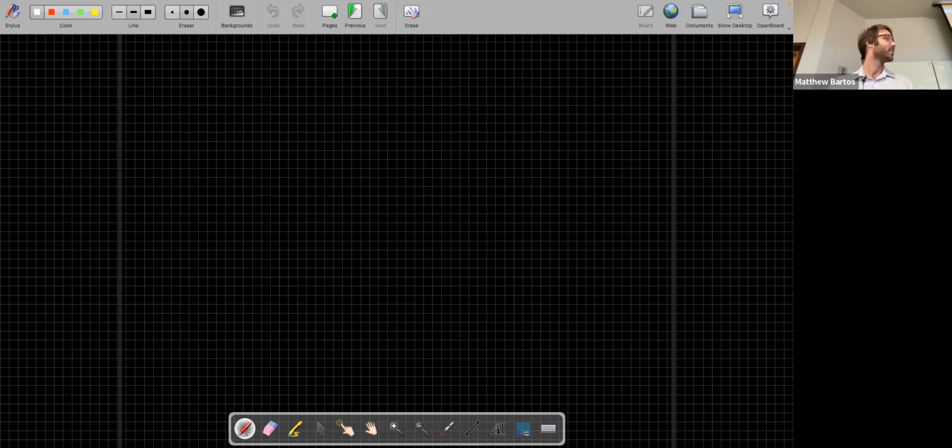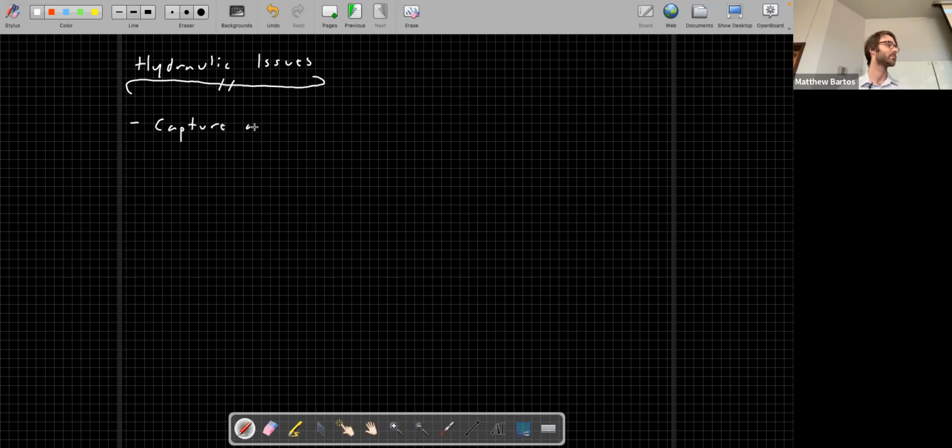Okay. So one more hydraulic issue I want to make you aware of. We need to capture all the flow before an intersection. We can't have flow from a street pouring into an intersection downstream.